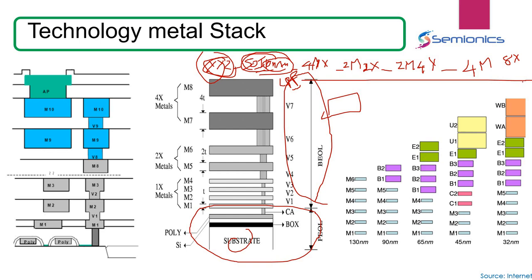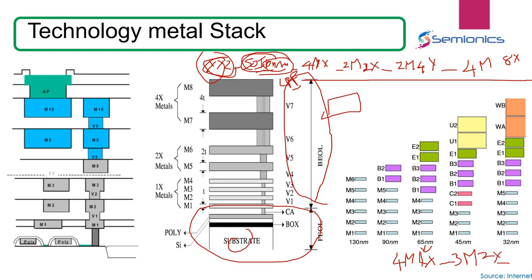So if I have to write the metal stack naming convention for this, it would be 4m 1x for this, 4m 1x underscore 3m, which is the next higher 3 metals of 2x the width.